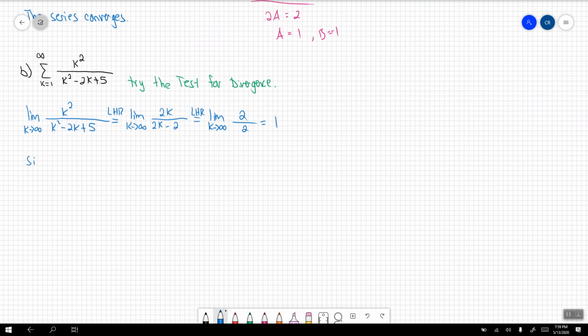So I'm going to say here, since the limit as k goes towards infinity for a sub k is not 0 because it's 1, the series is divergent.